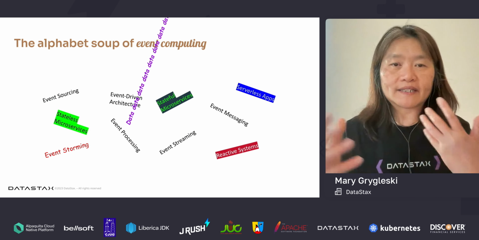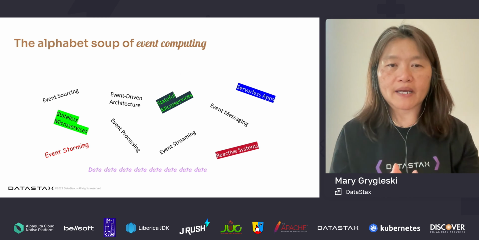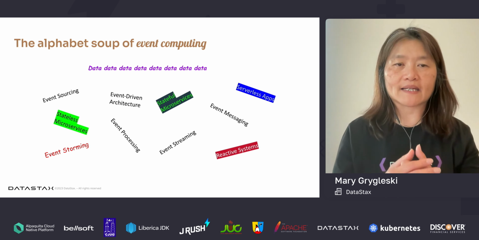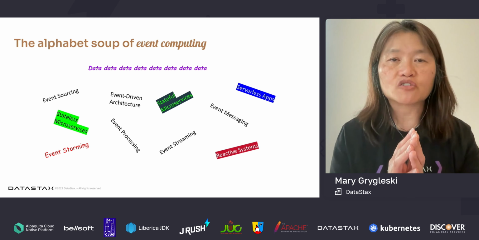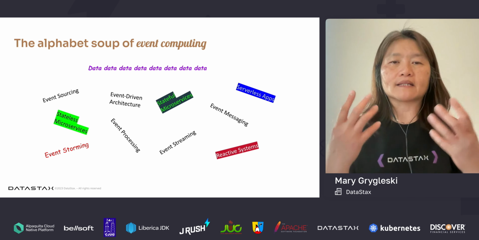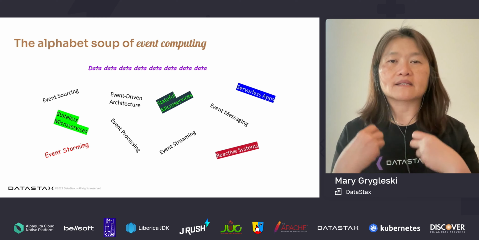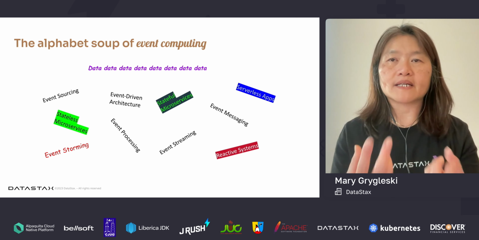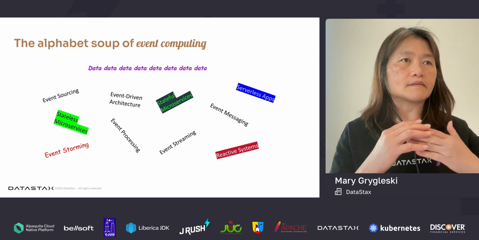Just really quickly too, in the world of event computing, there are so many terms these days that it can be rather confusing to somebody new. But the idea is that it basically works with data. That's the crux of this whole thing. Data can be data in storage.